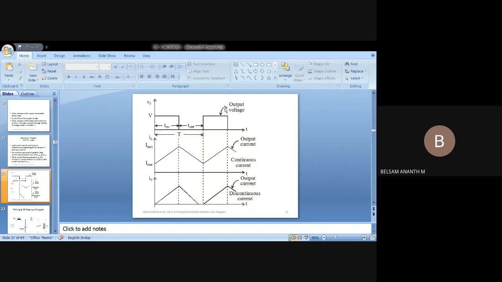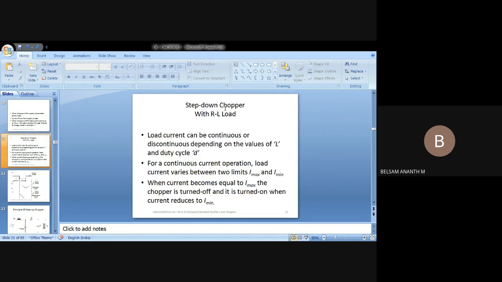So we have the output voltage and output current in continuous mode and discontinuous mode. For a continuous operation, there are two conditions, I max and I minimum. When current equals I max, the chopper is turned off, and when it is turned on, I max is reduced to I minimum. Got my point?